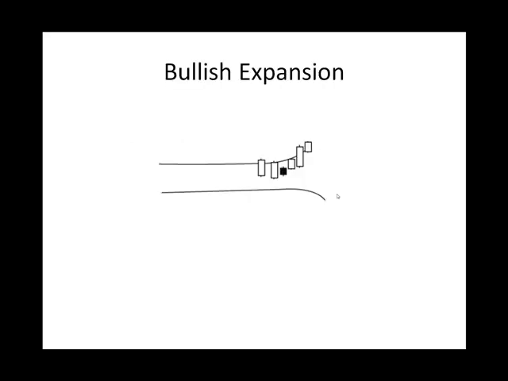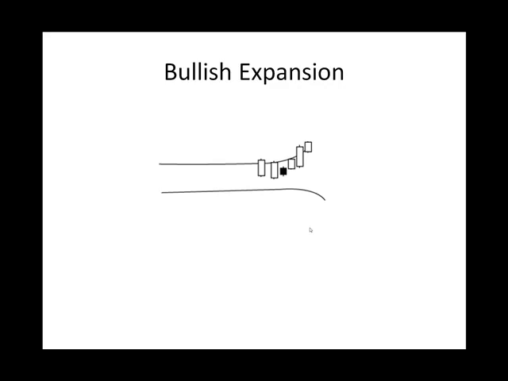Here's the bullish expansion. Okay, we can pretend that it was a constriction at an earlier point, maybe not as tight as the one we used in the last example, but here is bullish expansion. And what's going to happen here is price is going to walk along the upper band as the upper band heads up. And what's critical for bullish expansion is that the lower band is heading in the opposite direction as the upper band.